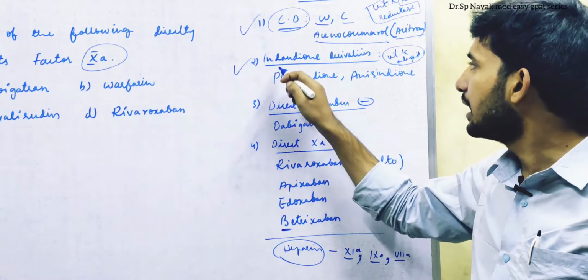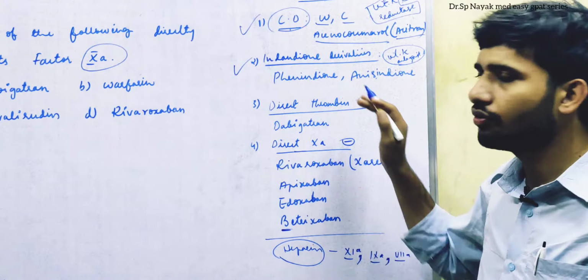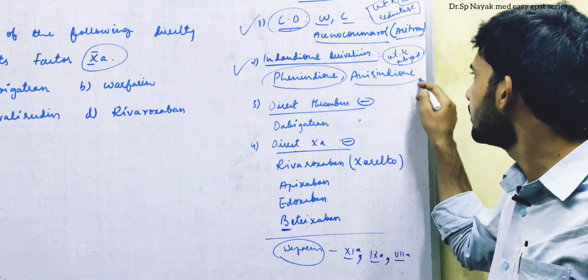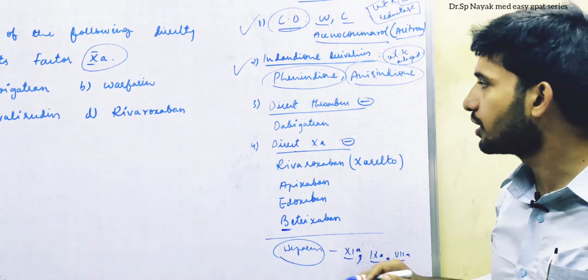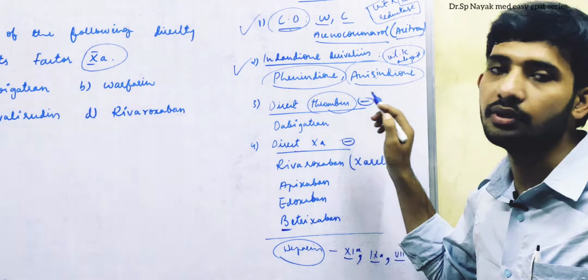The next class is indandione derivatives. In indandione derivatives we have phenindione and anisindione. These are the two examples of indandione derivatives.